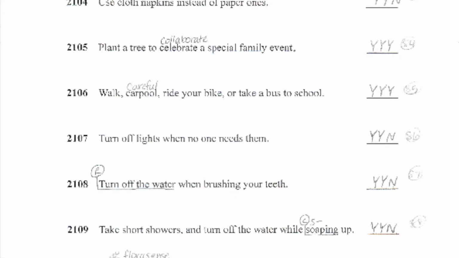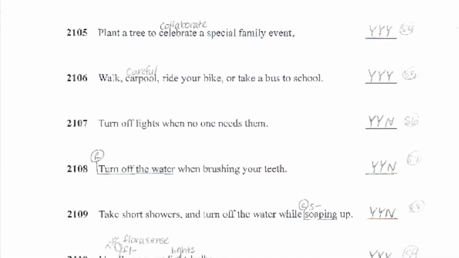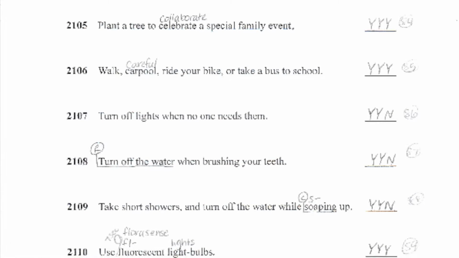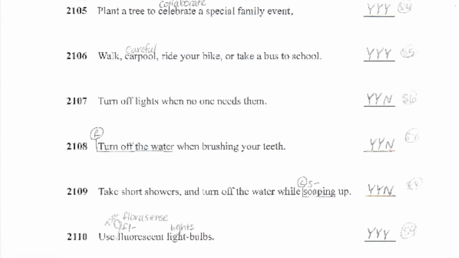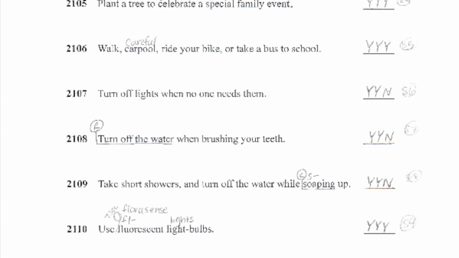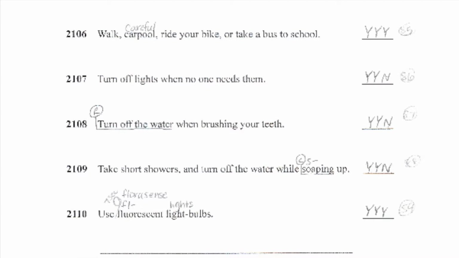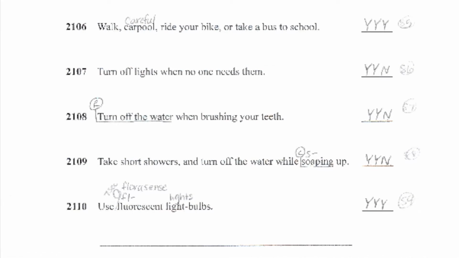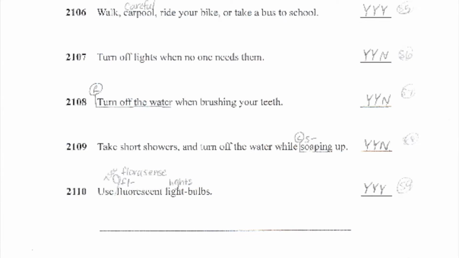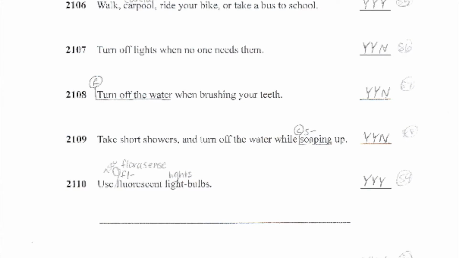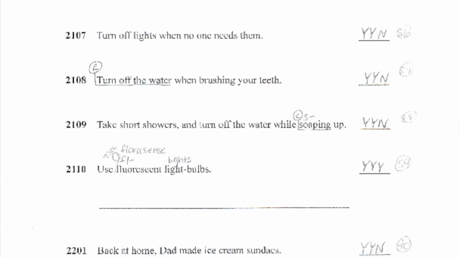For a sentence that has a YYY coding, that means as the reader left it, the sentence makes sense syntactically, semantically, and yes, it changes the meaning that the author intended. For a sentence that's coded YYN, what that means is as the reader left it, the sentence is syntactically acceptable, it's semantically acceptable, and it doesn't change the meaning of the author's text.